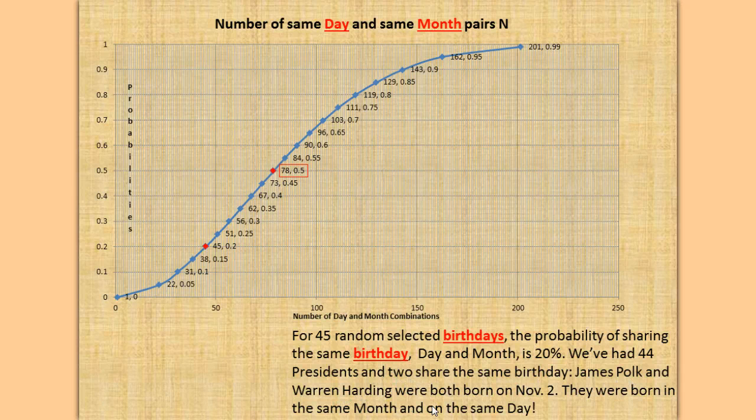James Polk and Warren Harding were both born on November 2nd, the same month and the same day. That's a 20% chance at 45 randomly selected people. If you want a 50% chance, you would have to have 78 people. But at 45 selected people, it was 20%. And we got lucky.